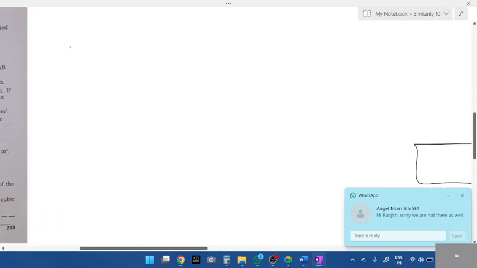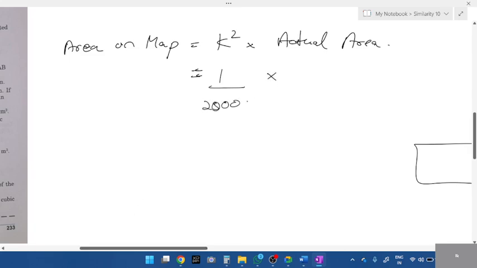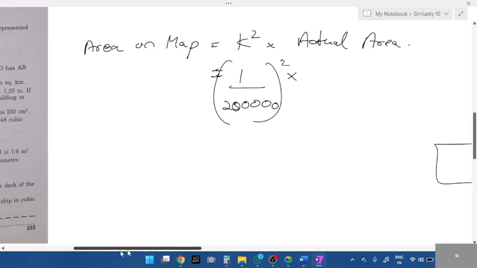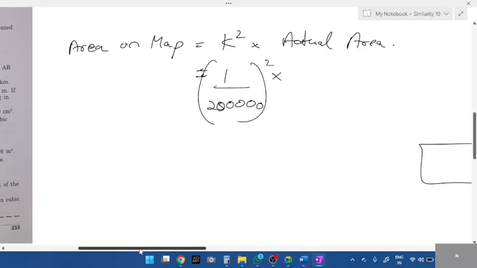Area of land on map is K square into actual area. What is K square? 1 by 2 lakh, the whole square. What is actual area value? 10 square kilometers.